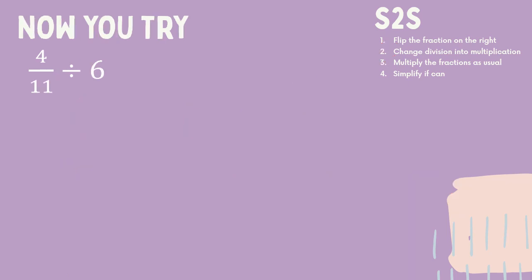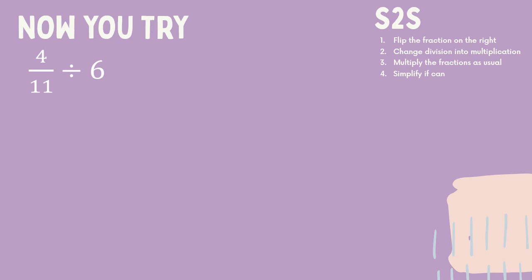Now it's time for you to try. Take a piece of paper, or you can use your mini whiteboard and your marker pen, and try this one. 4 out of 11 divided by 6. Follow the steps slowly and one by one. If you're still confused, if you're still unsure, you can always rewind back to the examples I have demonstrated to you.